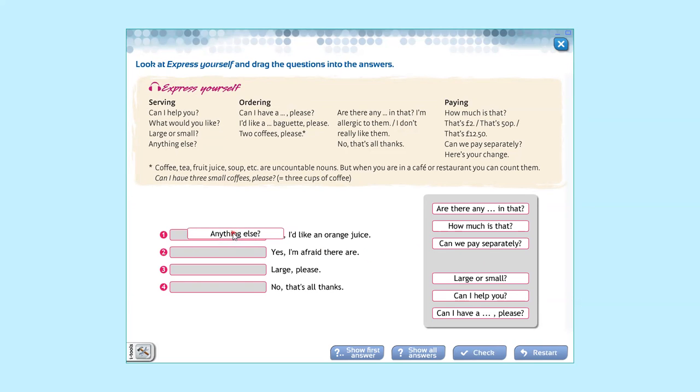Oops, something is wrong with my internet today. Okay, everybody help Dalia. What would probably be number 2? Are there any in that? Okay. Large or small? Large or small. Okay, very good.